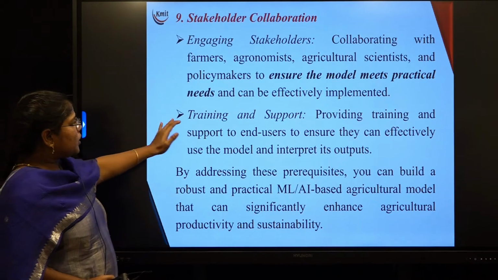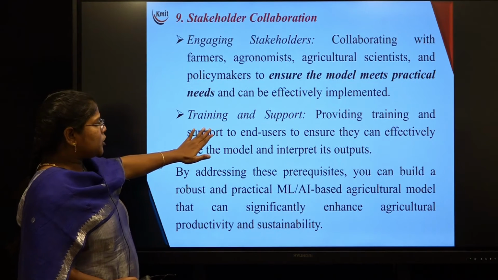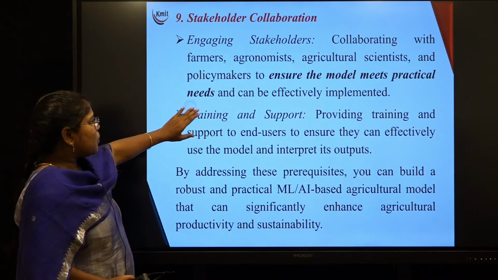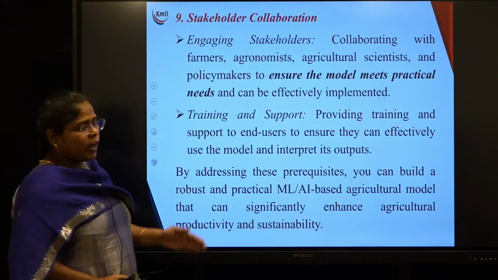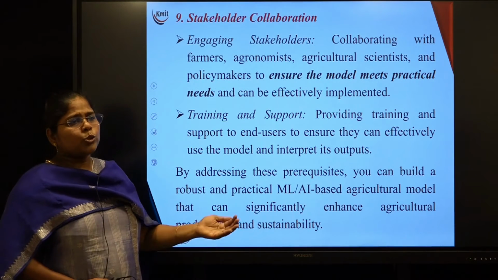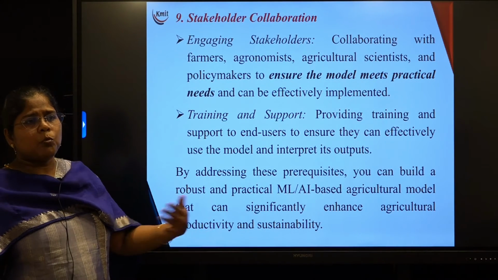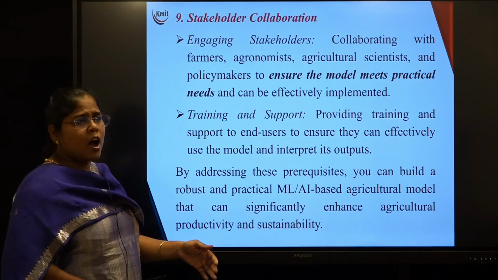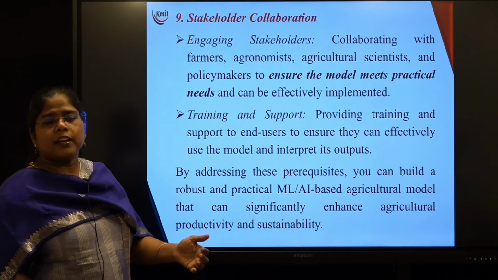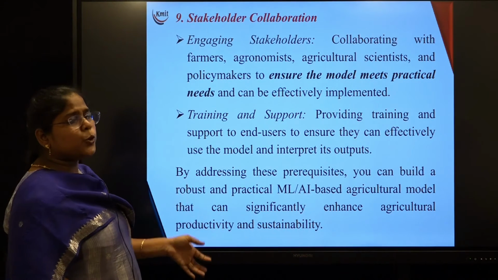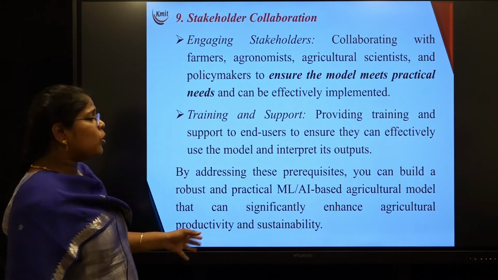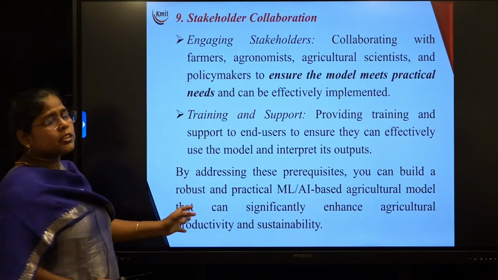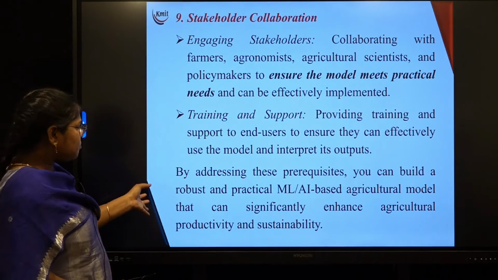Next is training and support, providing training support to the end users. Once we have developed the soil management system, smart irrigation system or any agriculture robot, we need to make the stakeholders use the system efficiently.